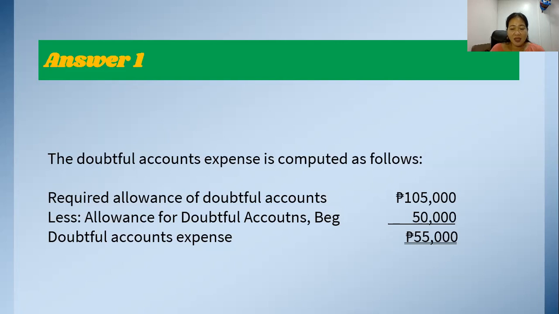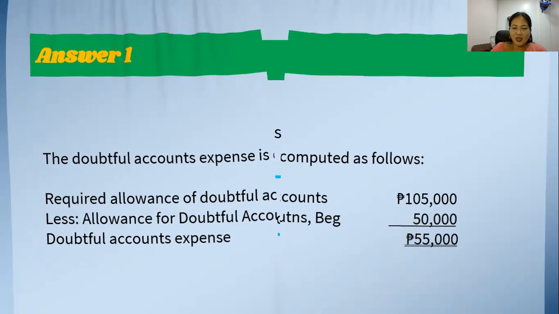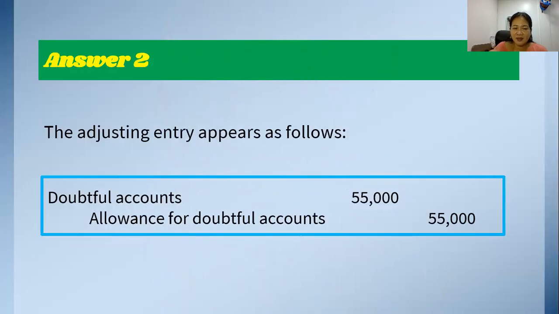And in our case, we still have 50,000. Since we are required to have 105 and we already have 50, we need only 55,000 for our doubtful accounts expense. So when you prepare the adjusting entry, it would be doubtful accounts 55,000, allowance for doubtful accounts 55,000.